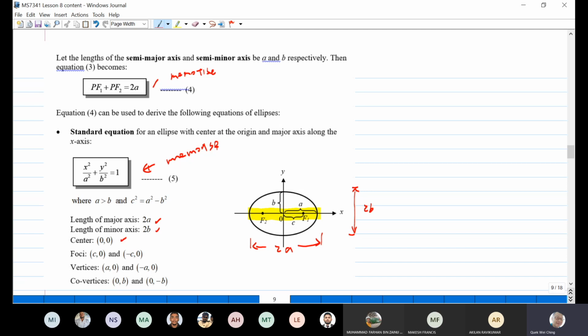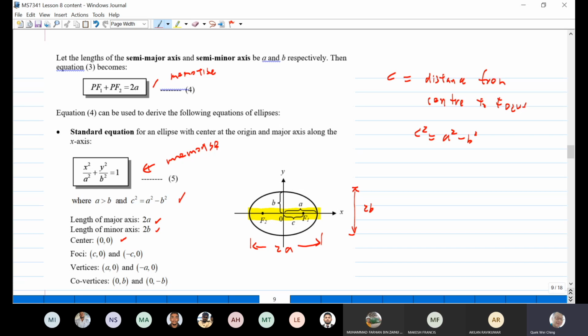Now I want to tell you what the focus is. For the two points F1 and F2, the distance from the center to the focus is c. This c is the distance from center to focus. And how do you calculate c here? We use c squared equals a squared minus b squared.